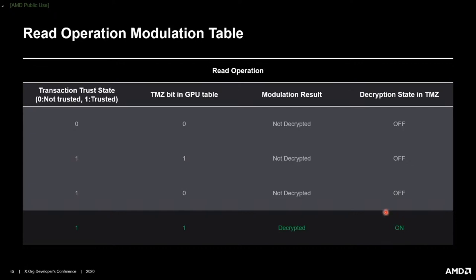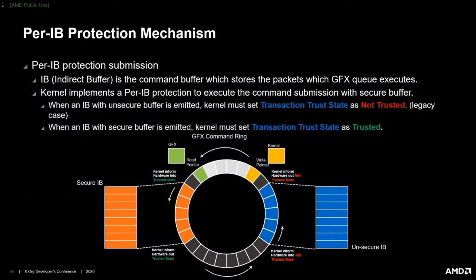That means we have to apply both the trusted mode and the secret bit in the system, and then we will get the decrypted data in protected mode. So, okay, let's go to the next page.